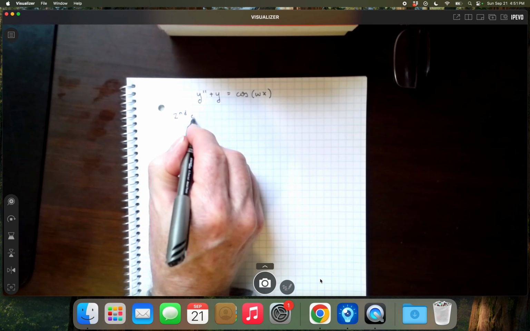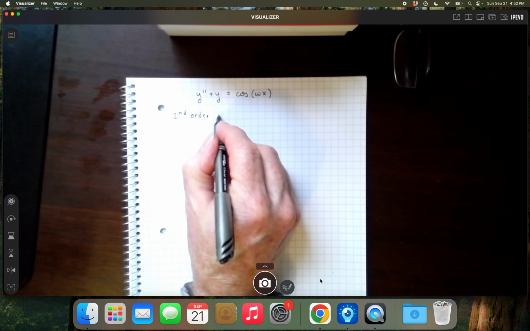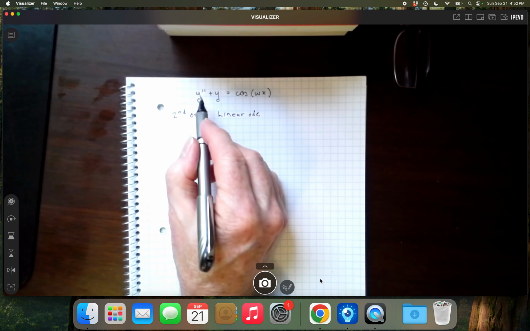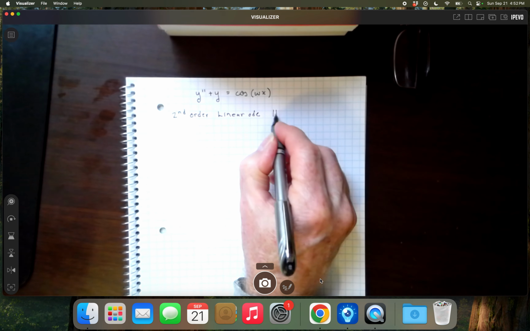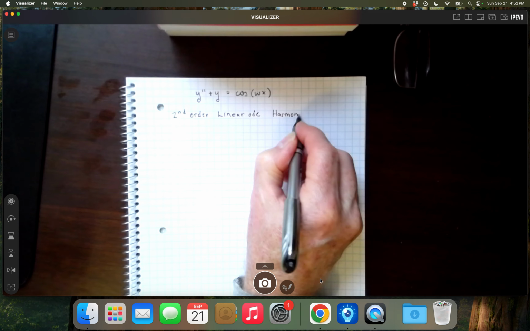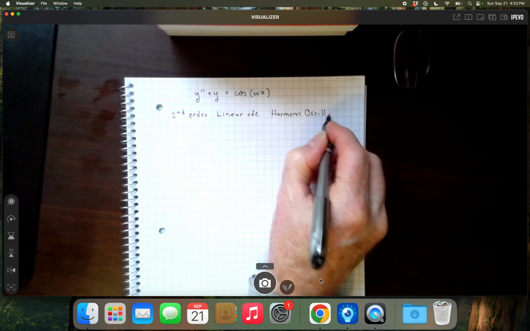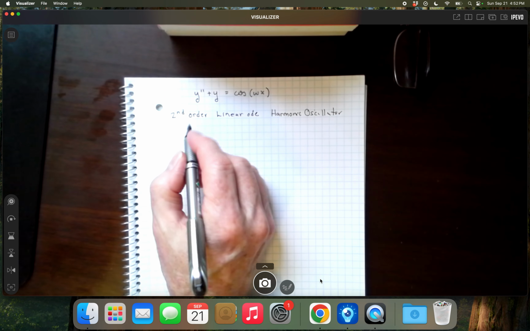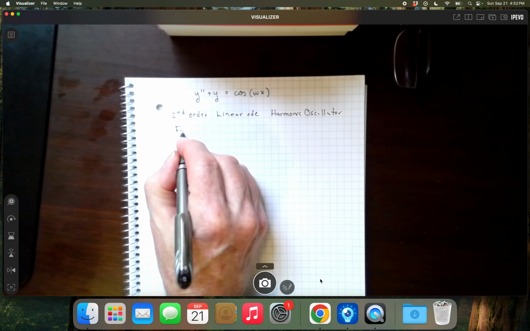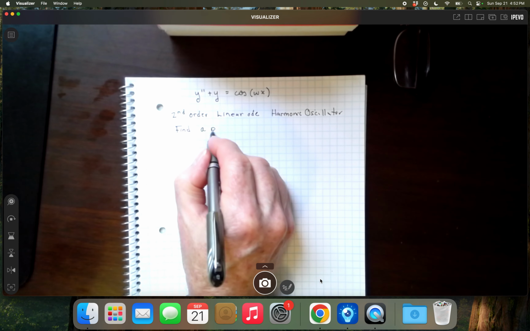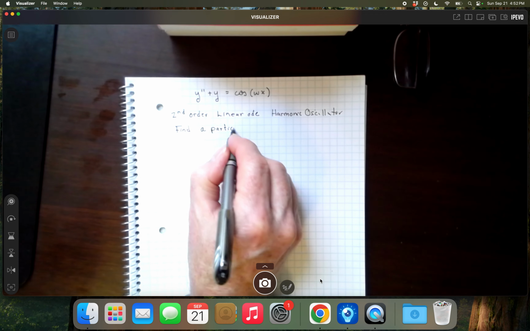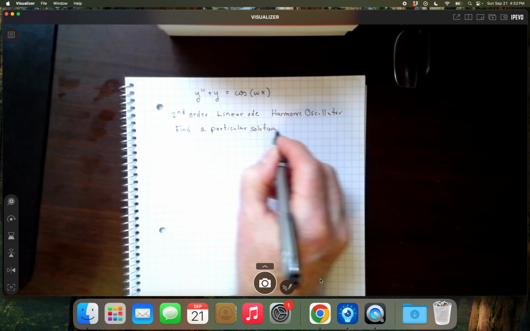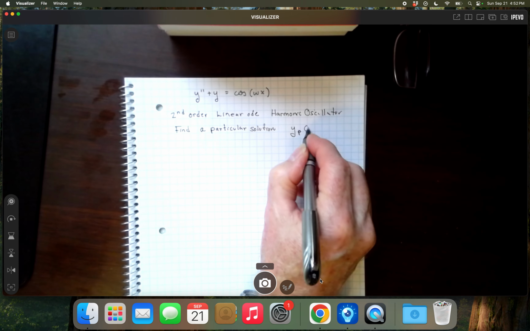So this is our final problem. This is a second order linear ODE, and this happens to be our harmonic oscillator. What we want to do for this problem is find a particular solution, and we will denote that particular solution as y sub p of x.